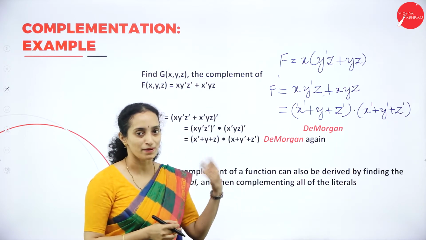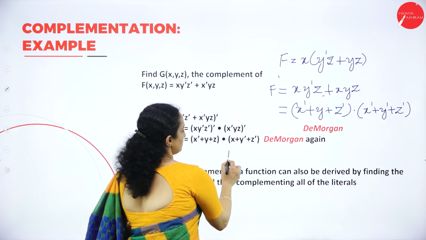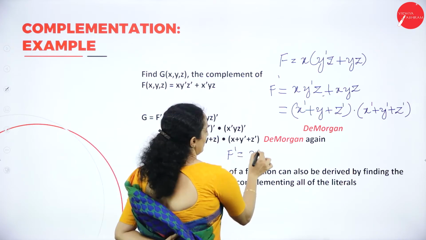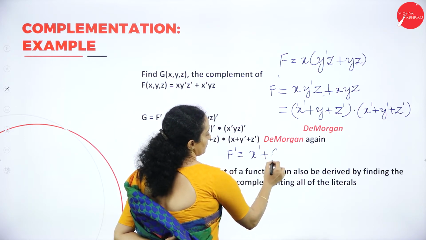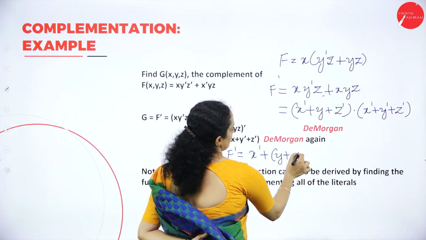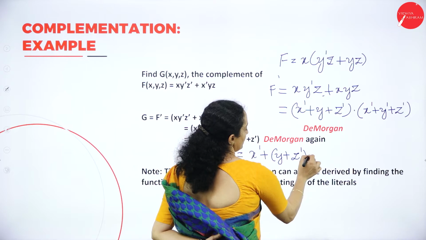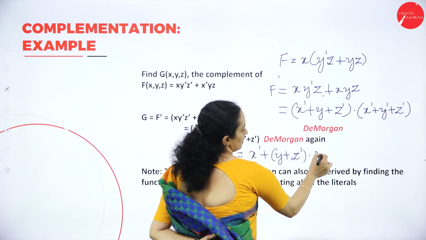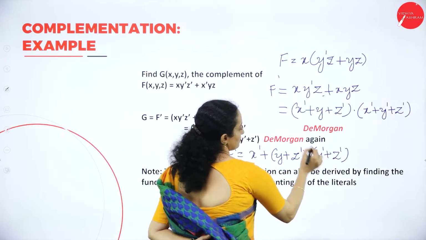Okay, it is as simple as that. Or you can keep it as it is, f dash x dash plus y plus z dash into y dash plus z dash.